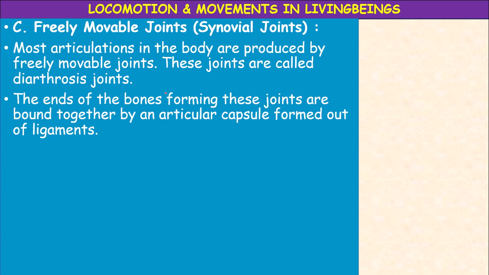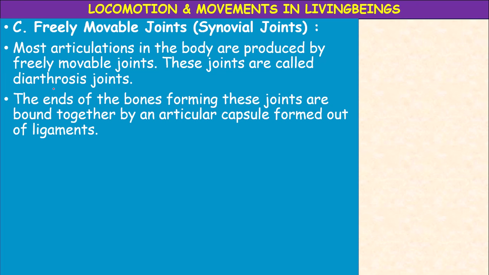The ends of the bones forming these freely movable joints are bound together by an articular capsule formed out of ligaments. A ligament is nothing but the part which joins two bones, and it is fibrous in nature.